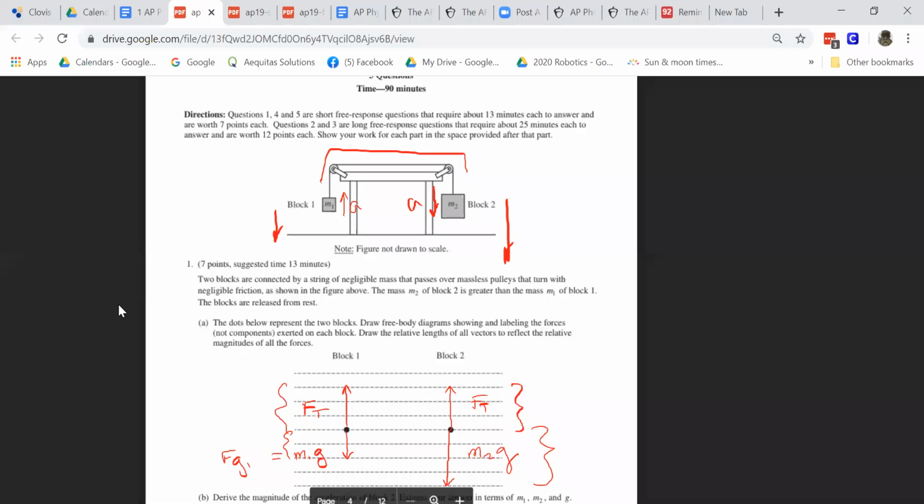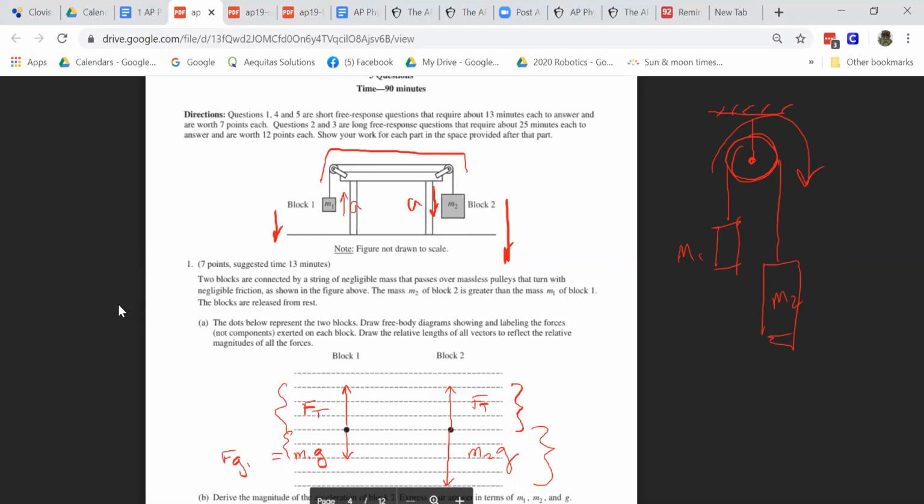But if you had a problem like this, and you let me know if you can't see this, because I'm drawing it off to the side, but let's say you had a fixed pulley, like here's the ceiling, and we have a string that holds this pulley in place. And, you know, here we have M1, and maybe over here we've got a bigger one, M2. And so this thing is going to accelerate around like that, right?